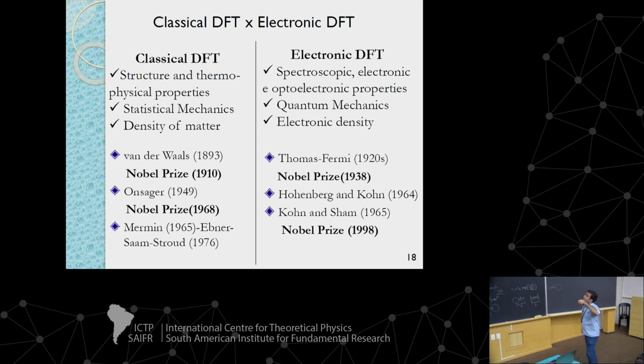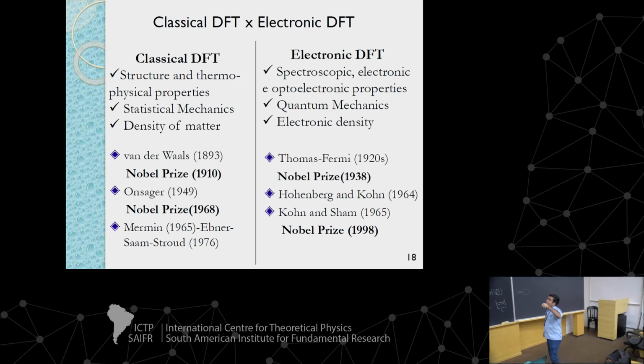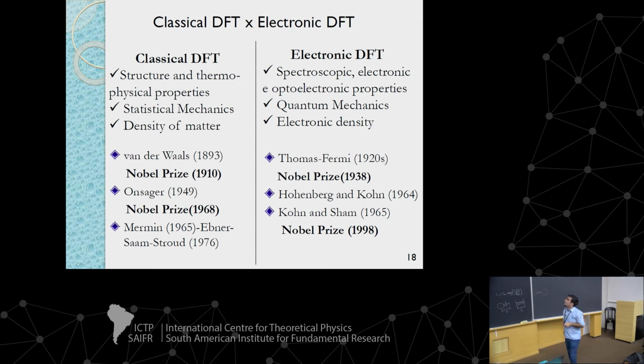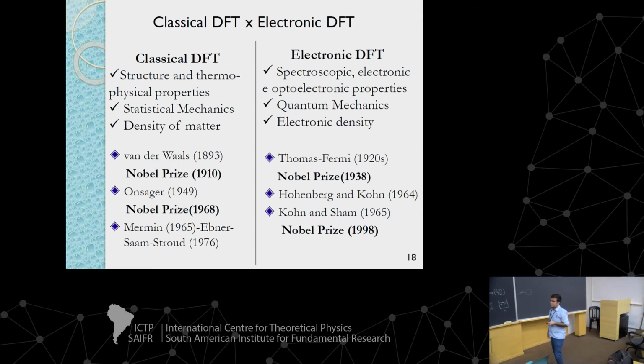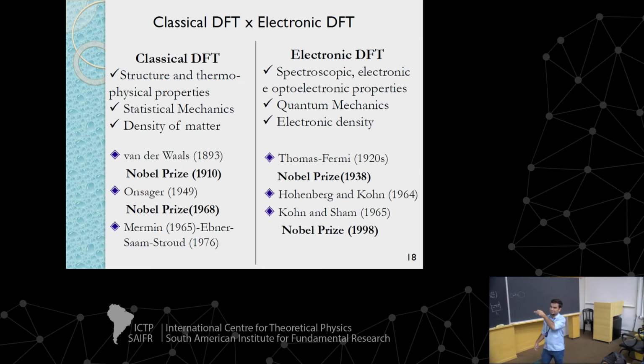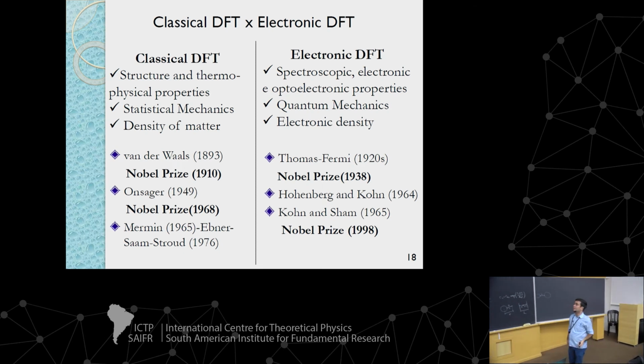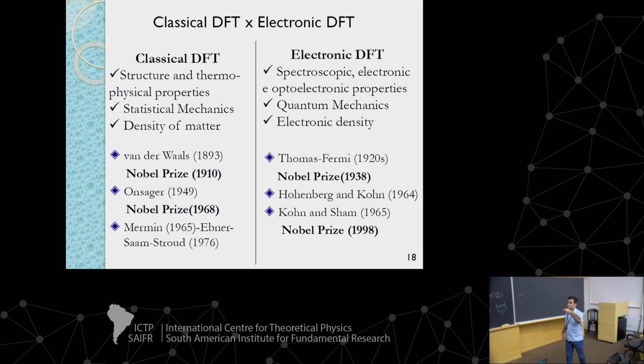So when we apply classical DFT, we deal with density of matter, and for the electronic one, we have electronic density. And you can see here that both are related to Nobel Prize. Of course, they didn't get the Nobel Prize exactly for this study, but we are only relating that many people that got Nobel Prize also dedicated sometimes to studying DFT, okay?